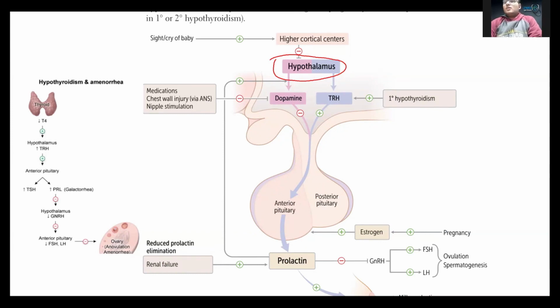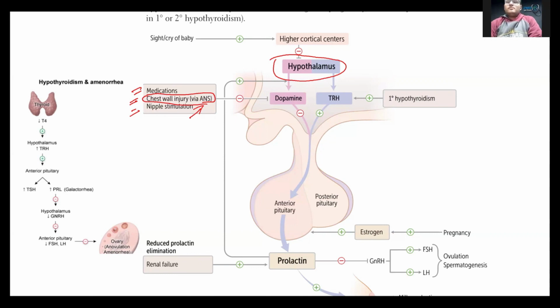Is that clear? Also, nipple stimulation, chest wall injury, and some medications inhibit dopamine. Chest wall injury, a sudden blunt injury, affects the autonomic nervous system.